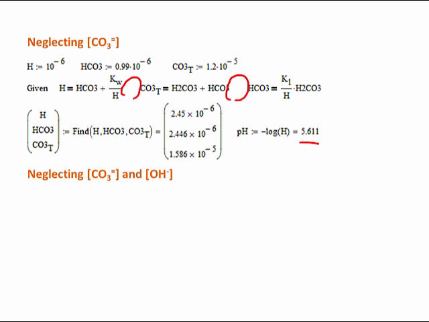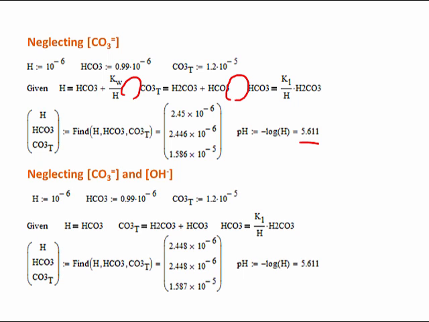You can also see what neglecting carbonate and hydroxide would do to the solution. Here again, after removing carbonate from the equations, we can remove hydroxide from the equations. And we see that our result is again, to 4 significant figures, identical with that of the full solution. Hydroxide and carbonate are very insignificant in this particular calculation.